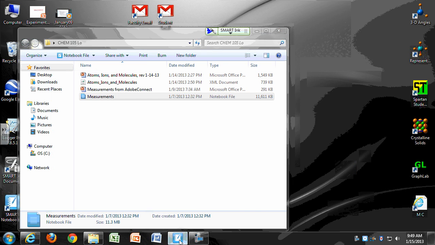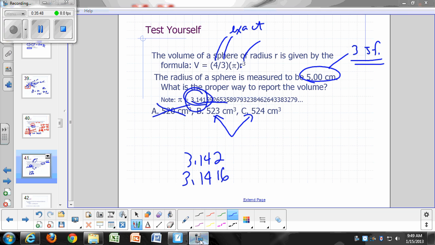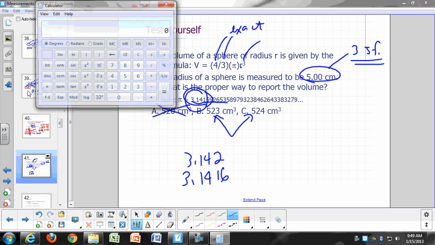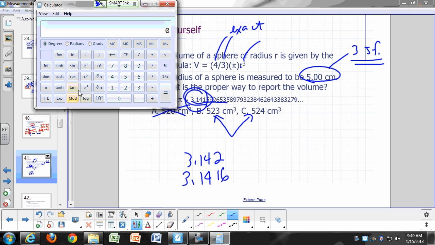So let's do that on your calculator. Oops. Where's the calculator? There's pi. If I do 3.14, okay, let me take 5 cubed. 5 times 5 times 5 equals 125 times 3.14.